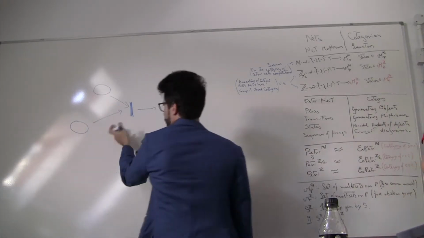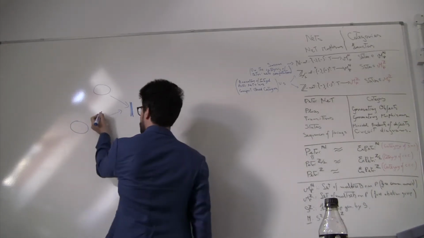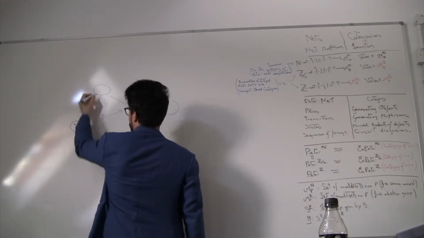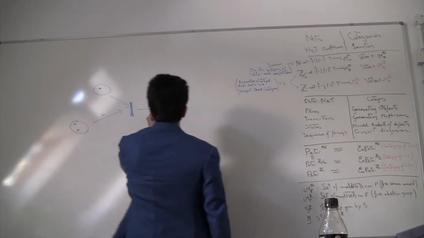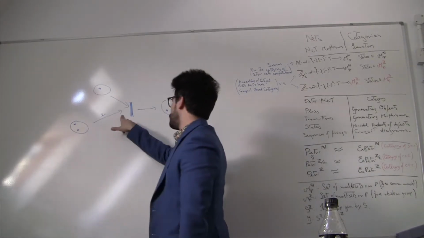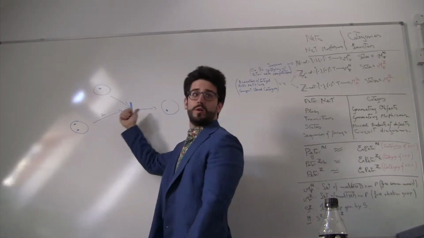And a place can have a given number of tokens in it, represented as black dots. Transitions are connected to places using arrows that can go inbound to the transition or outbound.